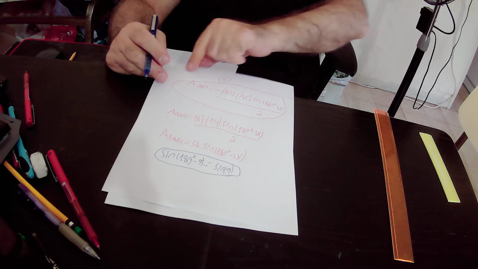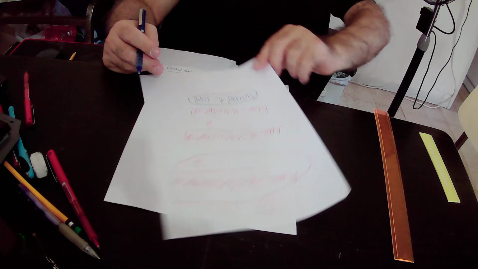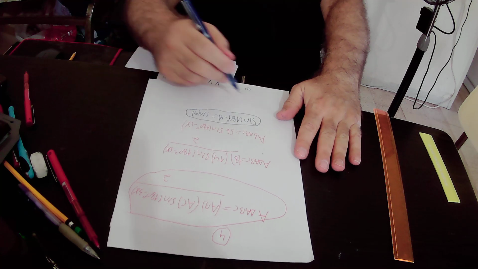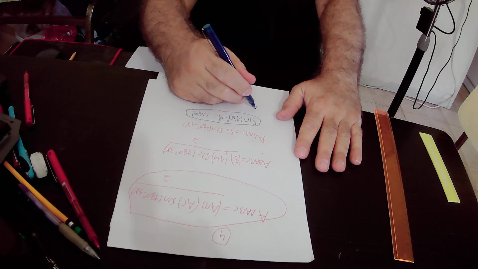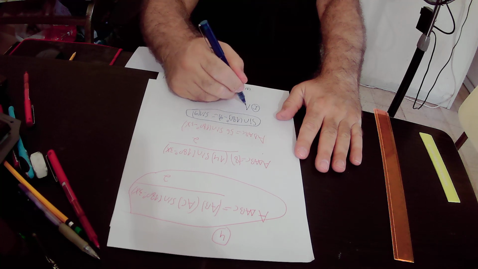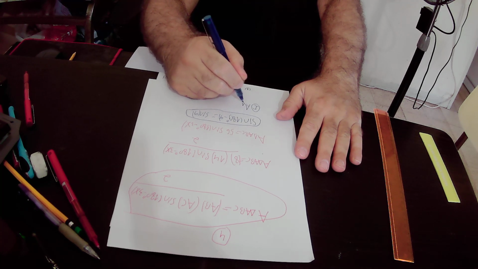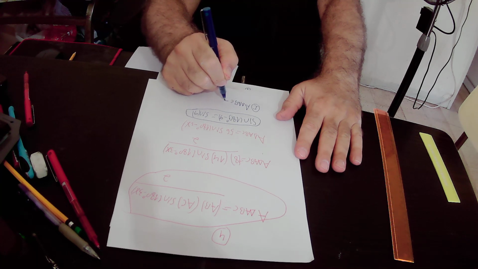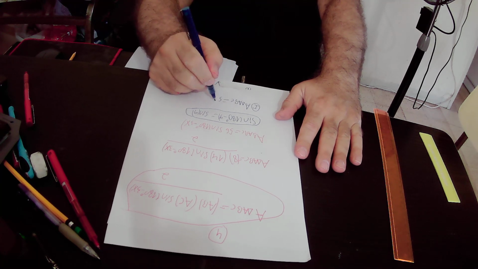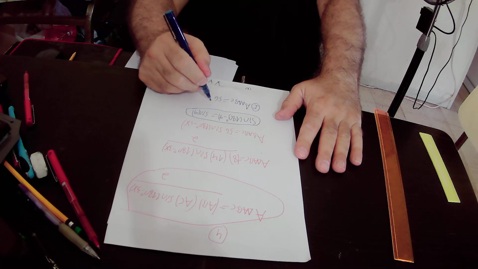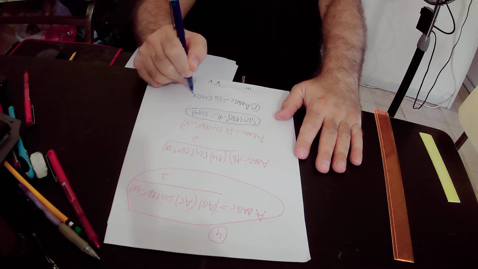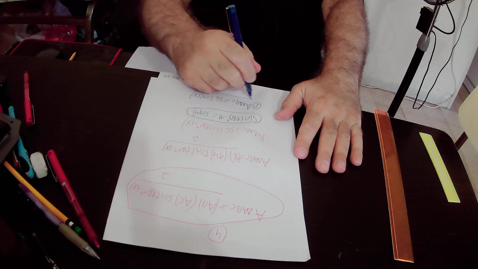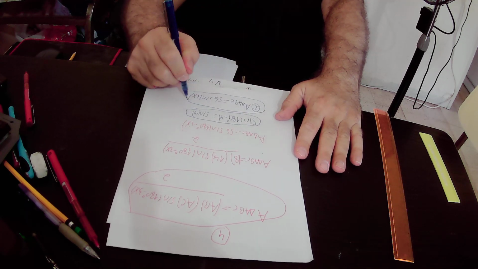Okay? So the area of triangle ABC, that will be equation number 1, equals 56 sine 3x. Okay, that is equation number 1.